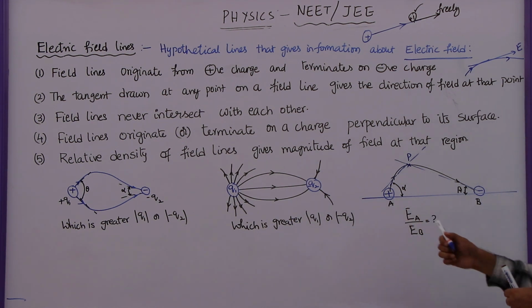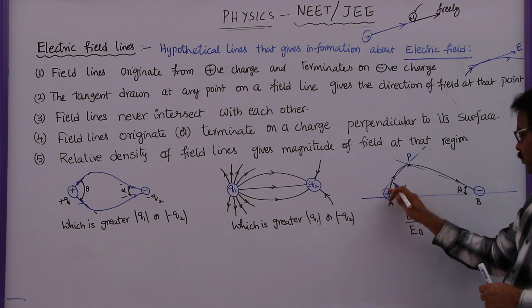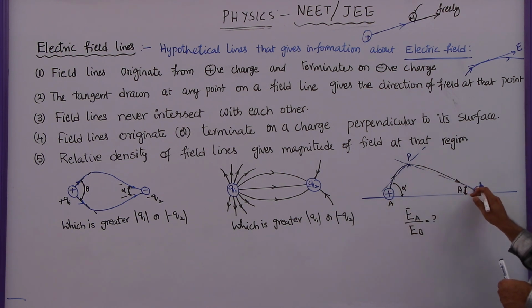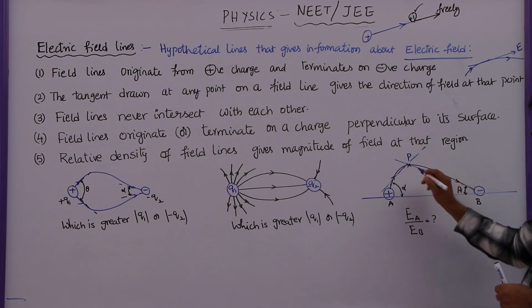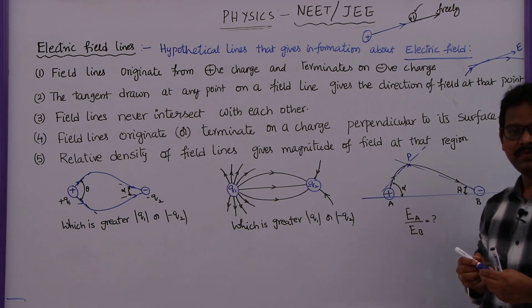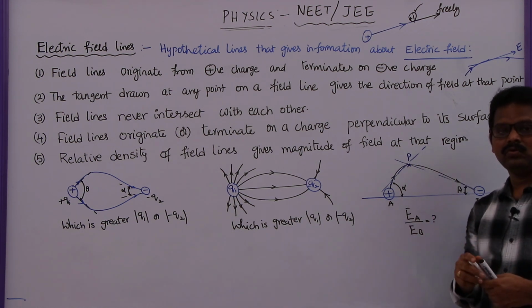In this diagram, a line is originating from the positive charge and terminating on the negative charge. If you want to find the electric field here, we can find the electric field due to two charges.